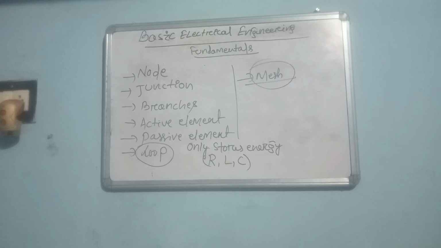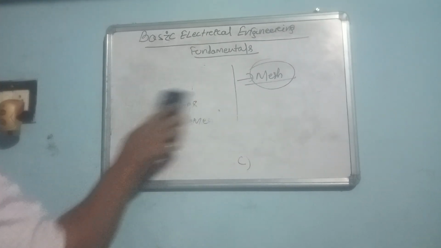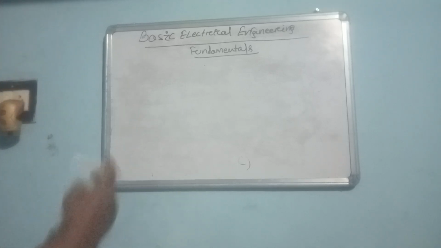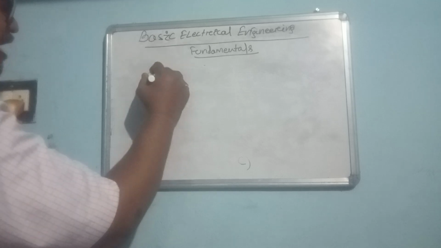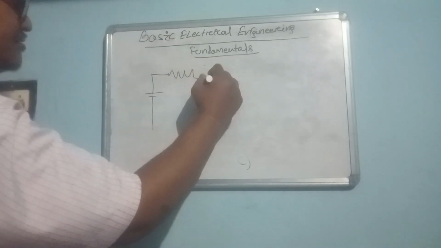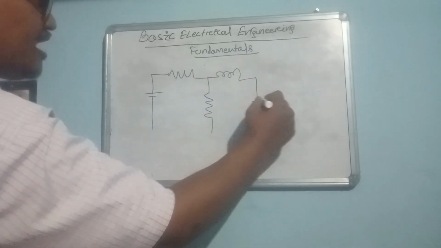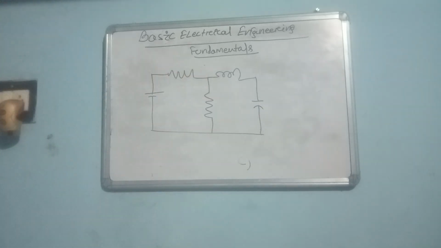So we will have one example regarding this so that your concept will be more clear. For example, I will draw an electrical circuit having resistances, inductances and capacitances like this.